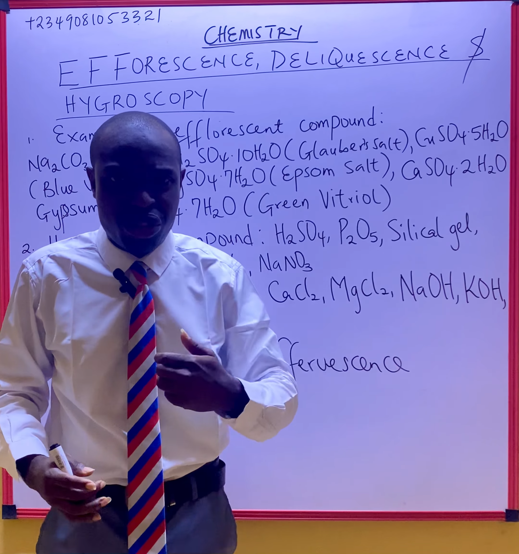We have sodium carbonate decahydrate, popularly known as washing soda. We have sodium sulfate decahydrate, also called Glauber's salt. Sodium sulfate what now? Decahydrate. We also have copper(II) sulfate pentahydrate, also known as blue vitriol.